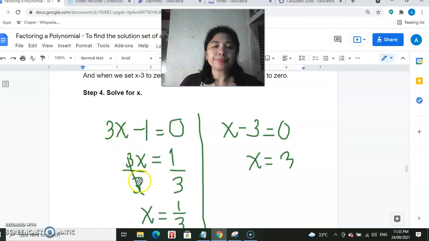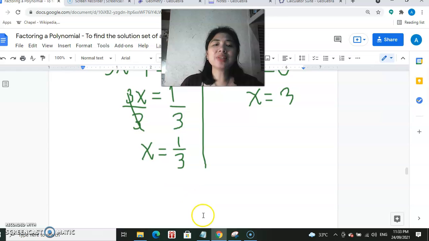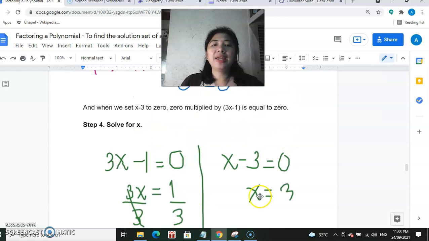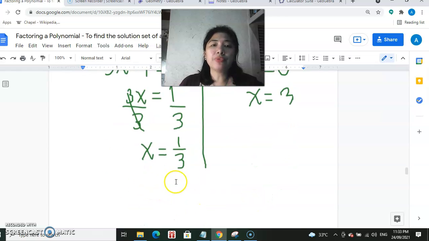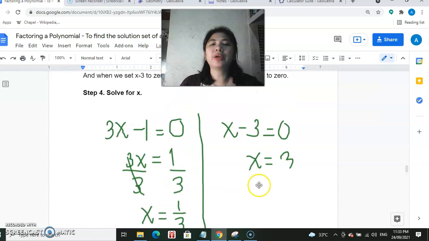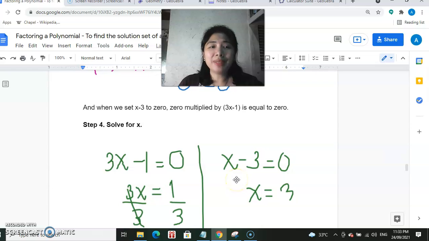And then we will get rid of the numerical coefficient 3. So divide both sides by 3. So x is equal to 1/3. And that is now one of the roots.